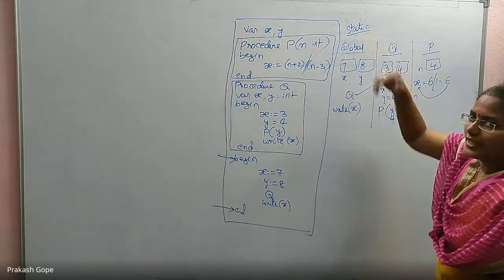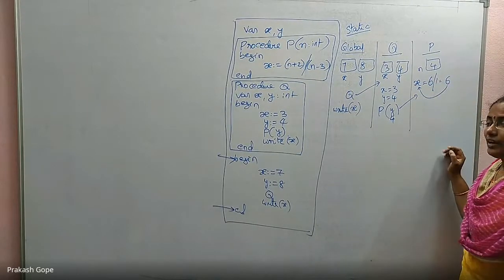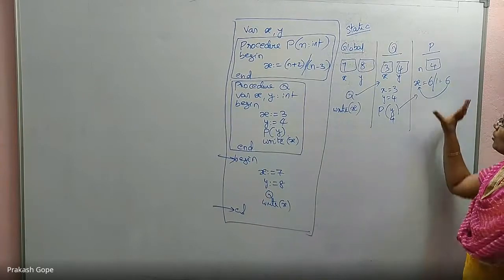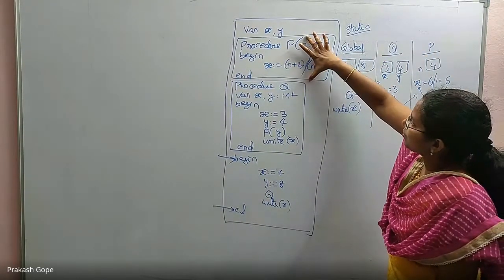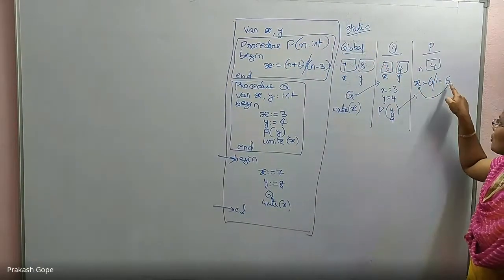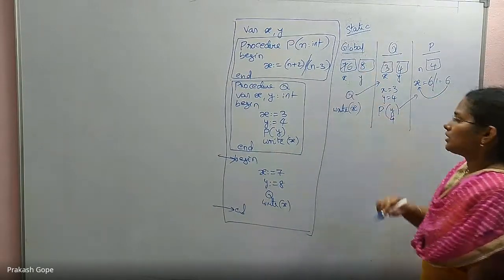That's when I will look at the scope. It says static scope. So when I don't have a locally declared x, I will access the outer block's x. Who is the outer block for P? The global program. So the global program's x should be assigned with 6. Global program's x is updated with 6.